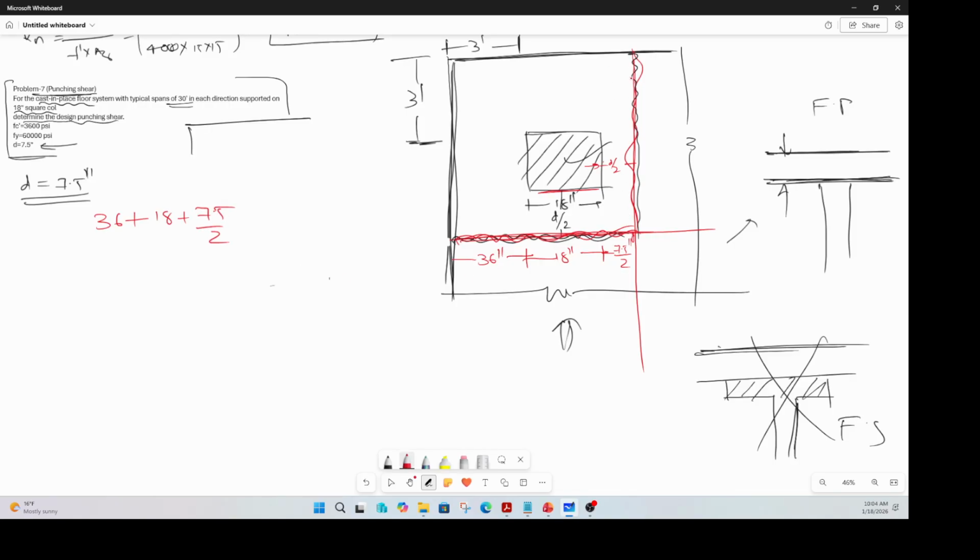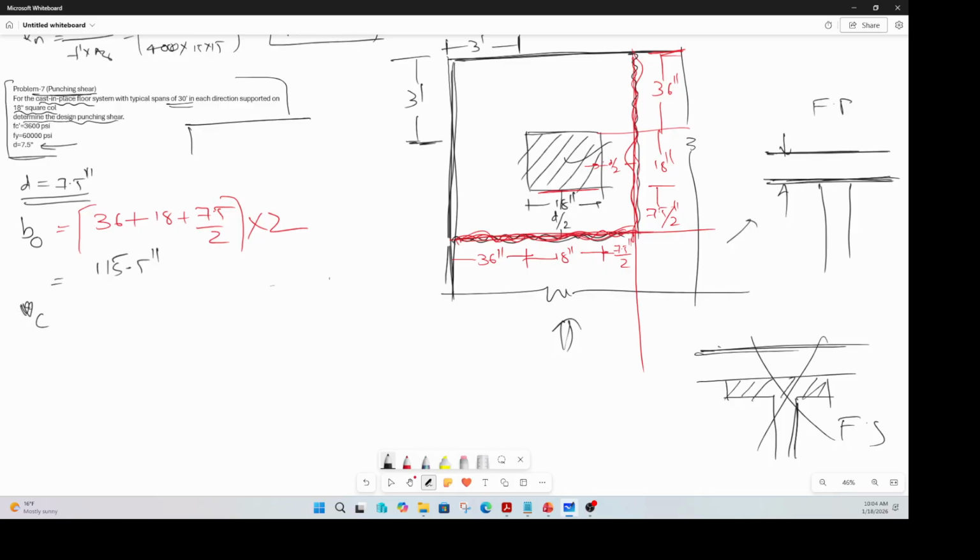The same story repeats in this direction: from here to here is 36 inches, from here to here is 18 inches, and from here to here is d by 2, which is 7.5 by 2. That means there are two such edges. This is called b naught in the code, and that amounts to 115.5 inches.